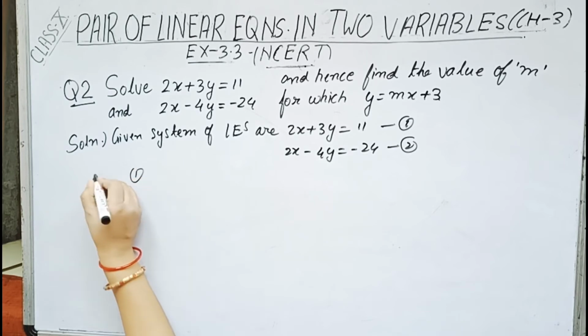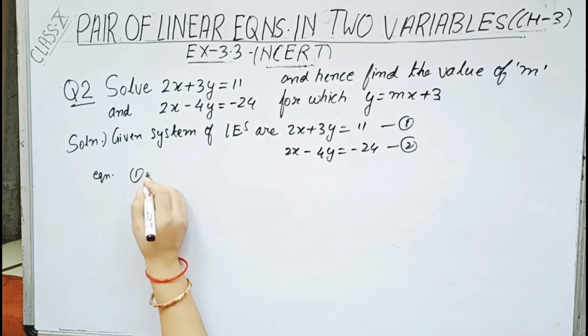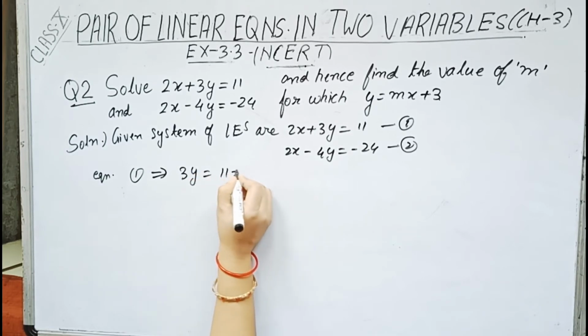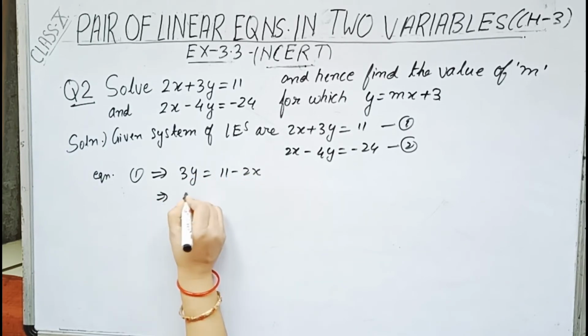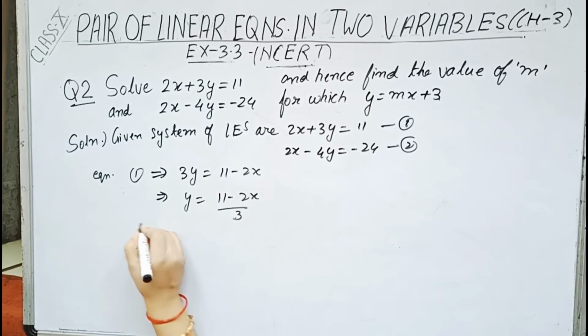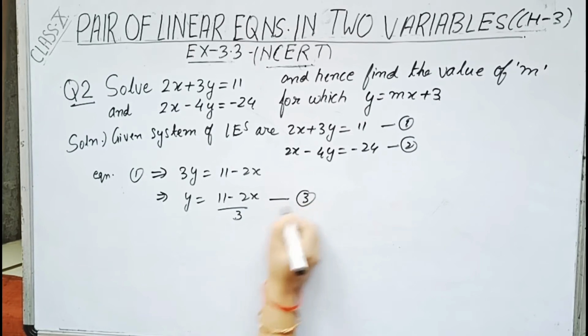Equation 1 implies 3y equals 11 minus 2x, implies y equals (11 minus 2x) by 3. Let us make it equation number 3.